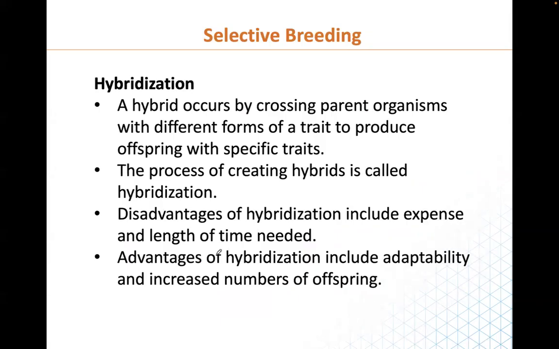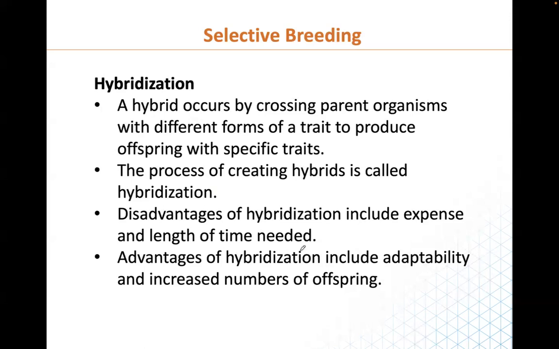When you cross parent generations with different parent generations to produce offspring with a combination of the traits you actually admire, that's hybridization. The process of creating a hybrid is called hybridization. The disadvantages of hybridization are that it's really expensive and it takes a long time before you actually get the traits you want.